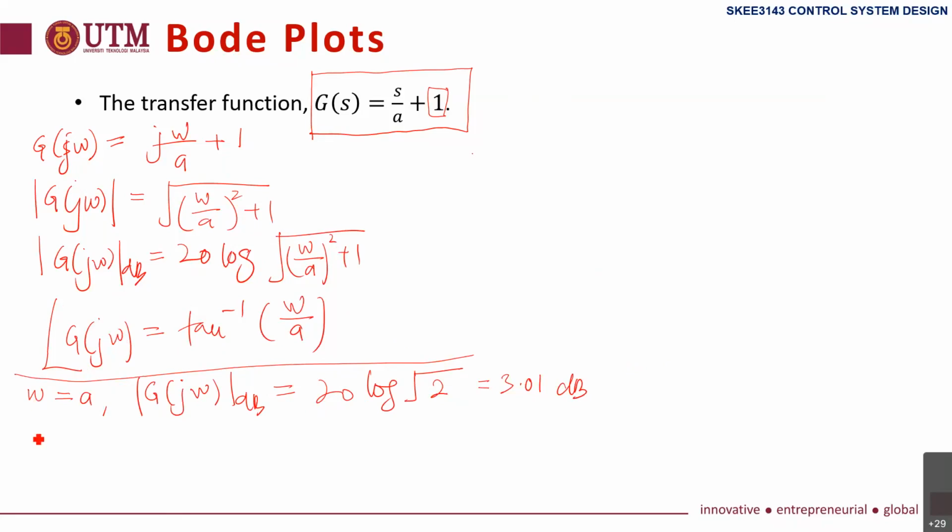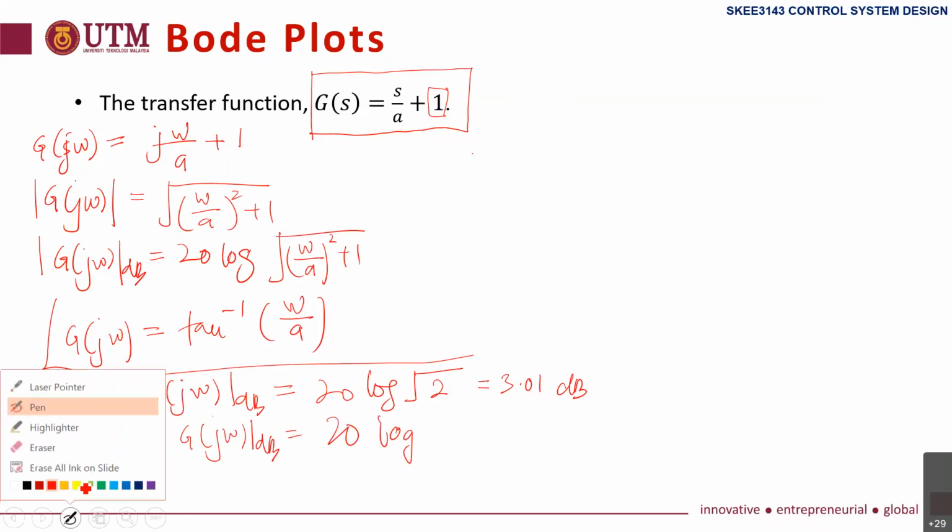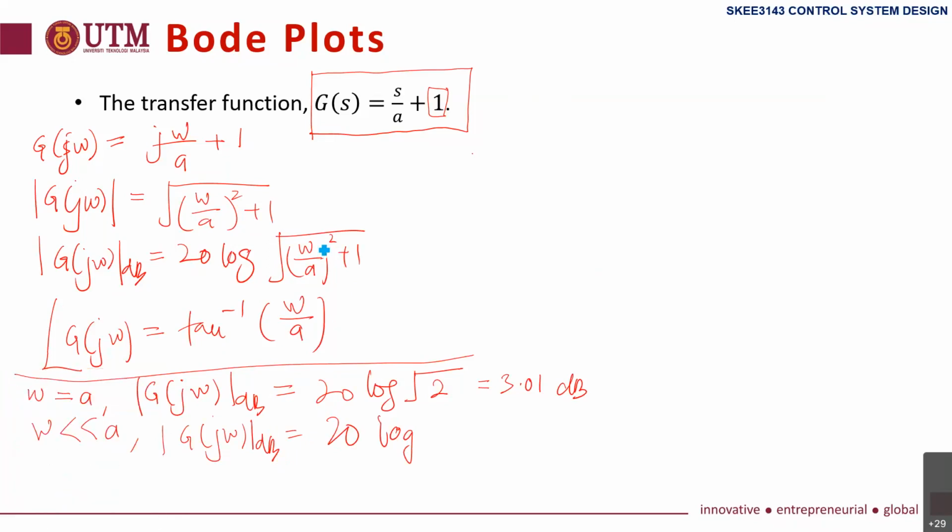What happens in the second condition, if omega is very small with respect to A? Very small. This symbol here means very small as compared to A. So the magnitude is 20 log of this one.